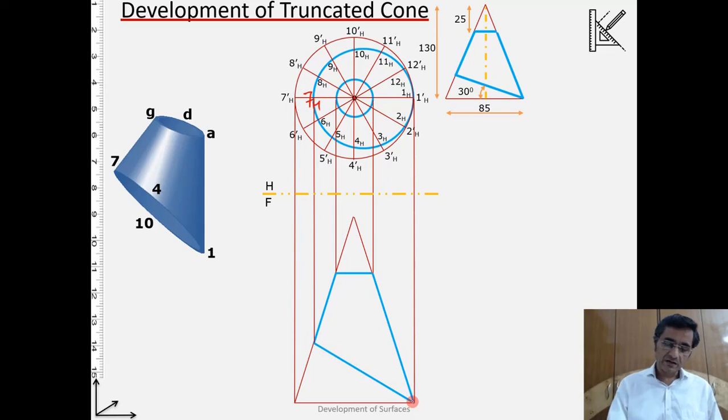Alright, and I can transfer these also onto the bottom truncated, and we will do that in a while. Okay, well, corresponding to this top truncated surface, I can give the names as A, B, C, D, E and so on. Alright, let us transfer these points onto the frontal.